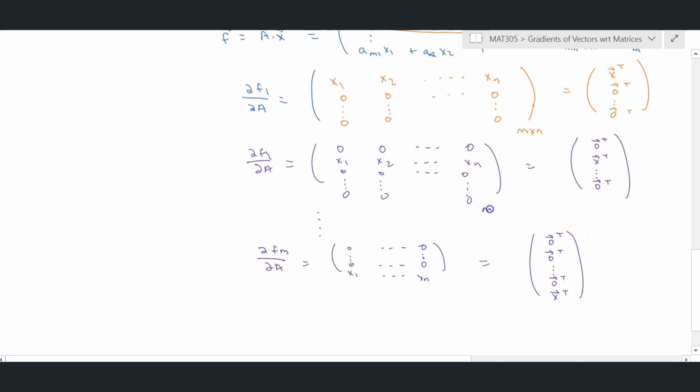So each of these, notice, will be m by n. And how many of them do we have? Well, we have m of them. So we'll have m of these m by n matrices. And therefore, the derivative of our vector of functions with respect to the A matrix will be m functions, each of which will have m by n derivatives with respect to A.